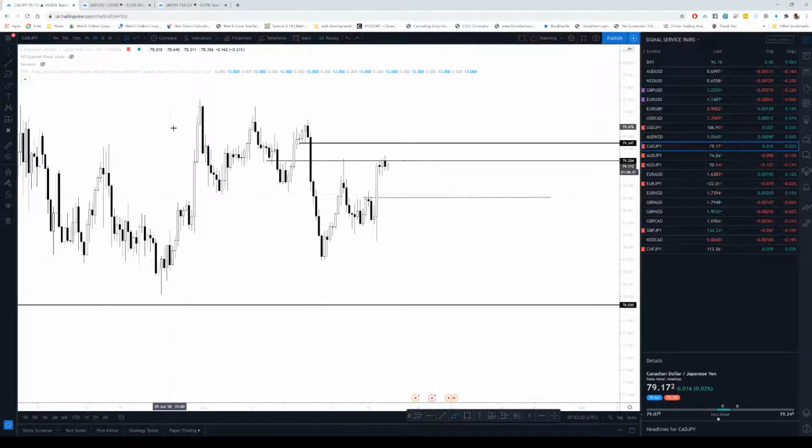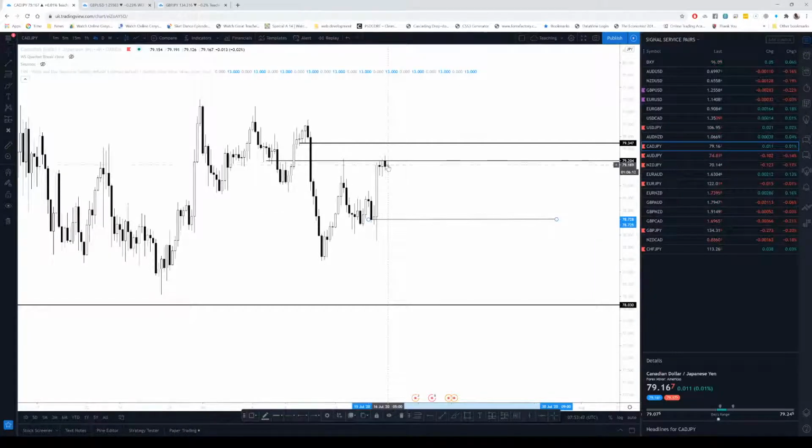So for me to be safe, I want price to get down here, take out this low. It will go with speed, it will go with this kind of momentum to the downside, and it does nothing. There's nothing wrong. I can get a 3 to 1 from here, and that's all I'm after.